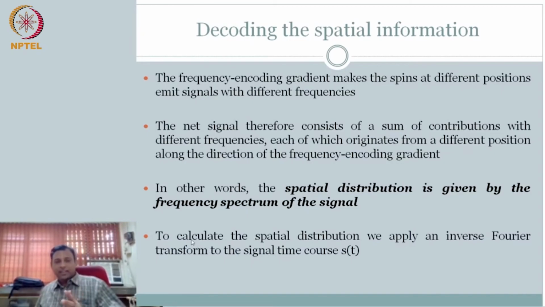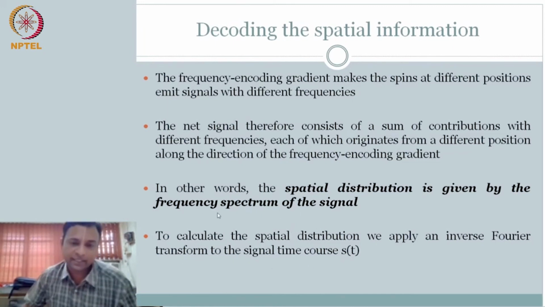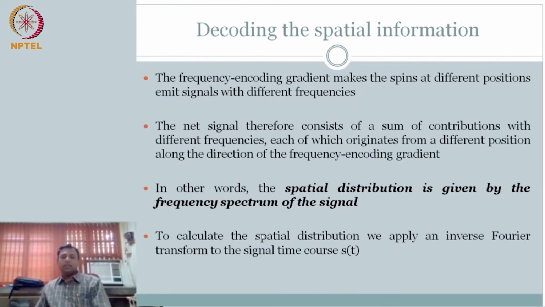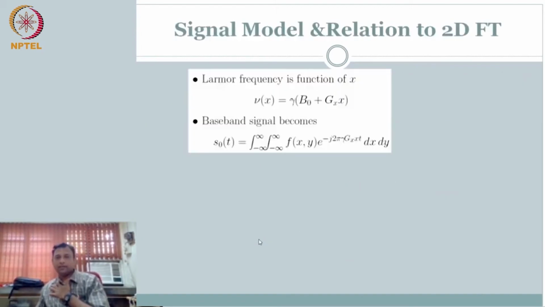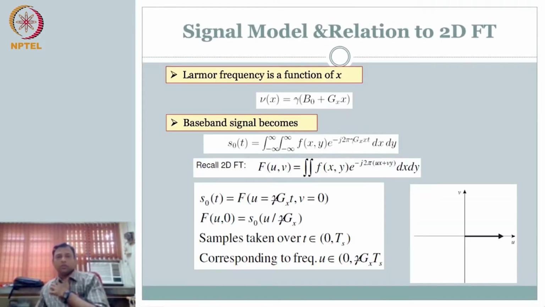Clearly that means there should be some relationship between the spatial distribution and the Fourier transform of the signal time course that we are acquiring. So we'll look at the signal that we have and see whether we are able to appreciate its meaning. You have a Larmor frequency along the X direction. Our Larmor frequency is changing because I have a gradient only in the X direction.